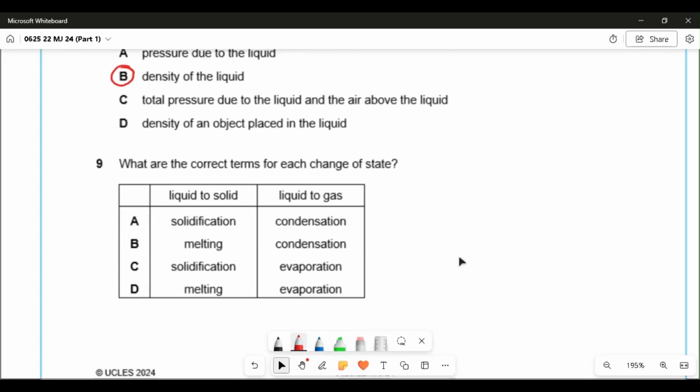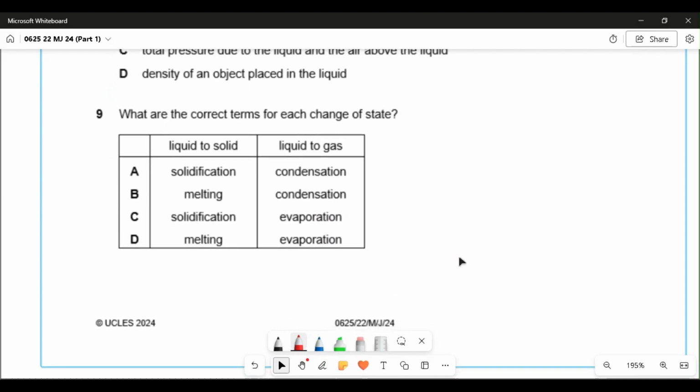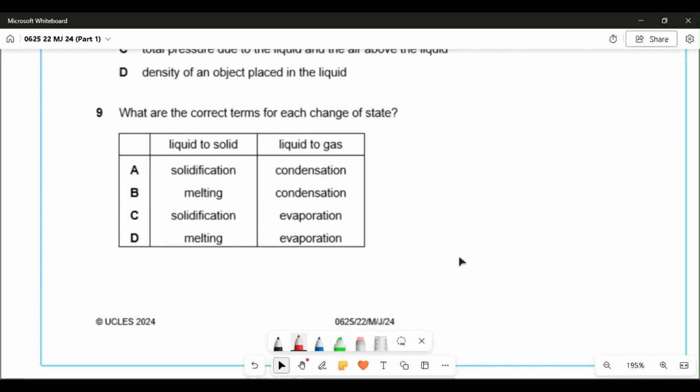What are the correct terms for each change of state? Solidification is liquid to solid. Yes, it is liquid to solid. Condensation is a process when gas converts into liquid, so this one is wrong. Liquid to solid, melting?